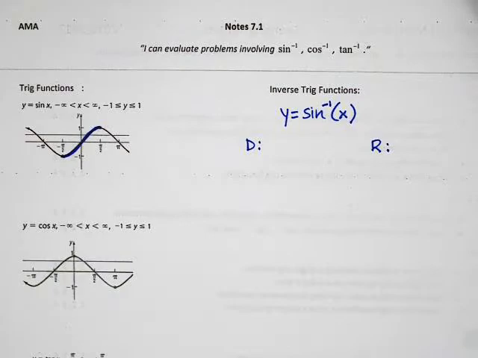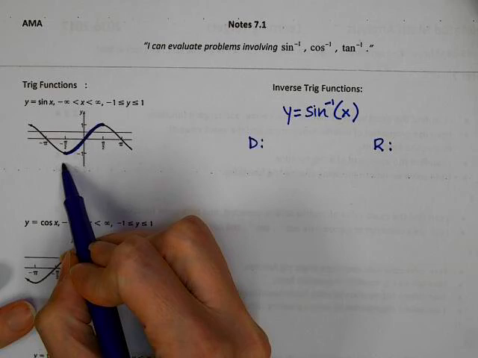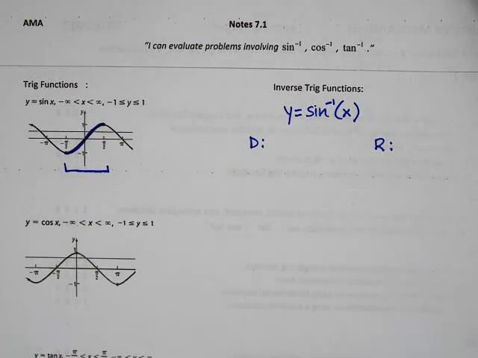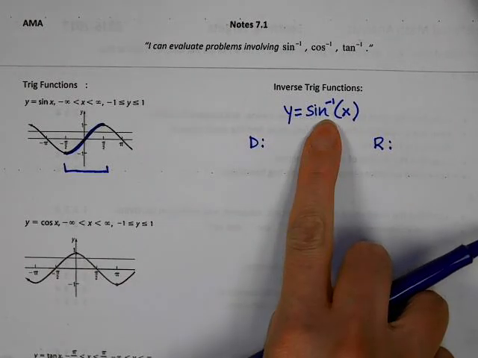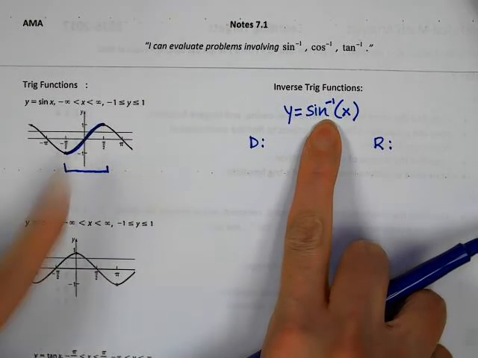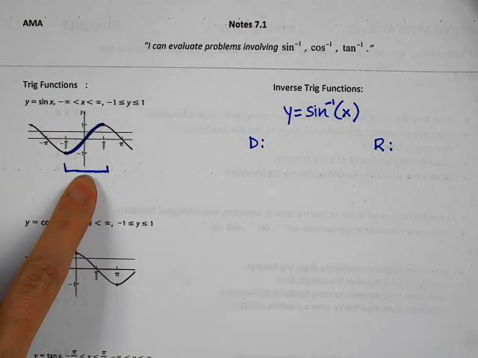Now remember, for inverse functions, the domain is the old range, and the range is the old domain. Okay, and keep in mind, we're restricting the interval from here to here. We're defining the inverse function only on that portion. So the domain of the inverse sine is the range of the original sine.